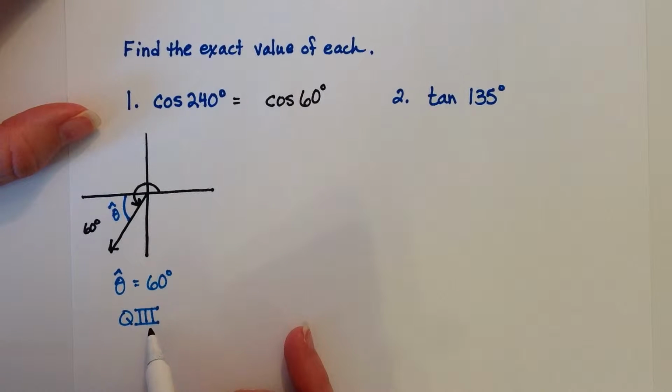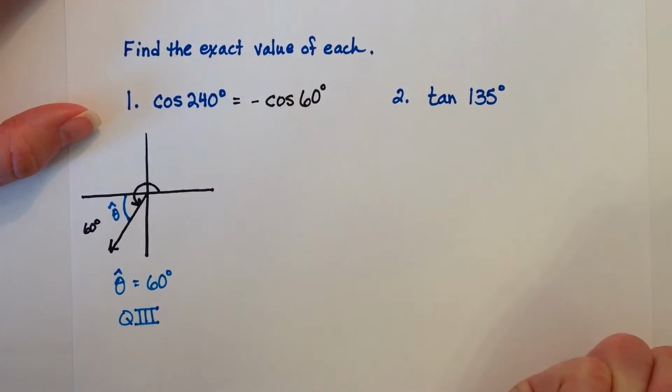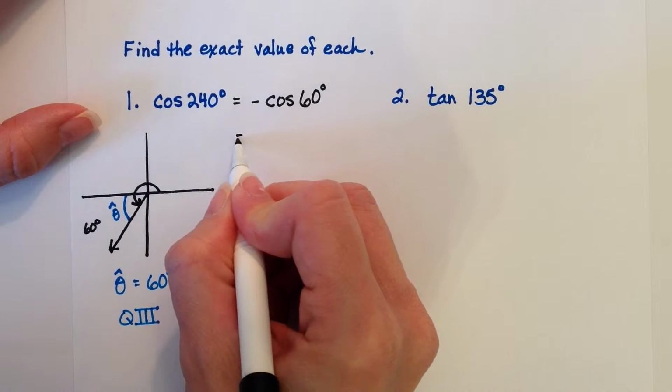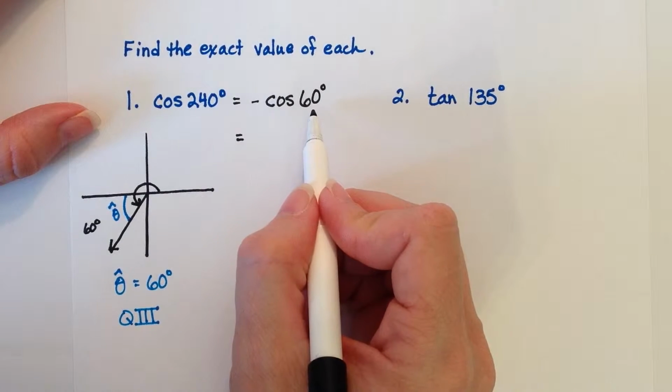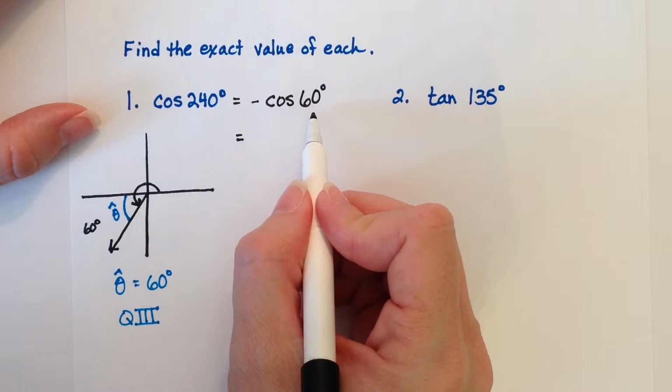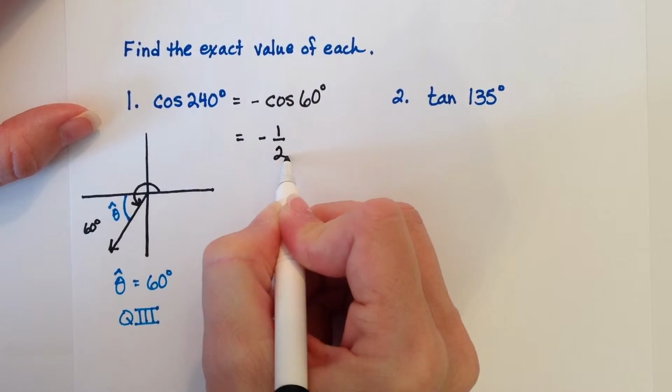Since you're in the third quadrant, going back to All Students Take Calculus, cosine is going to be negative in your third quadrant. Then from your table of values, cosine 60 degrees is one of those exact values that you're supposed to have memorized, and cosine 60 degrees is 1/2, so here our answer would be negative 1/2.